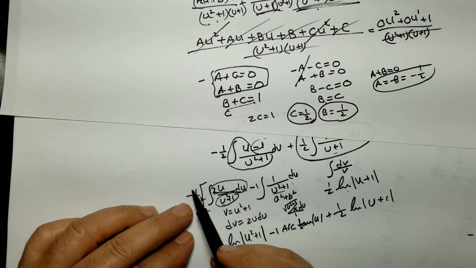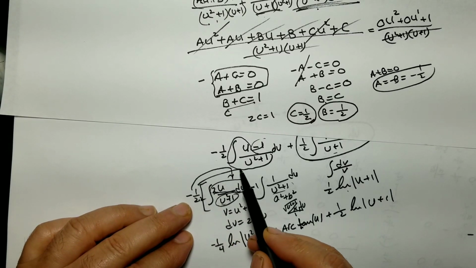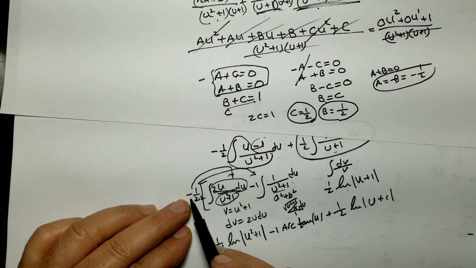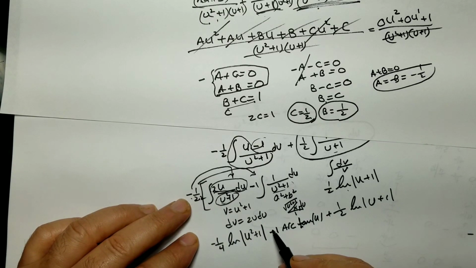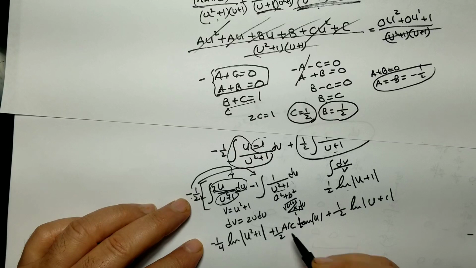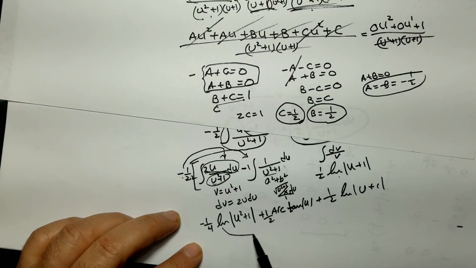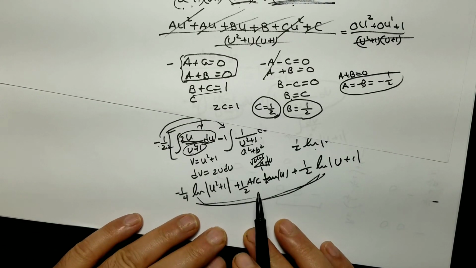Don't forget that negative 1/2 belongs to both of these. Therefore, the first one becomes 1/4, and a negative times a negative makes a positive 1/2. I need it here. Therefore, if you want to look at these two, you can combine them.